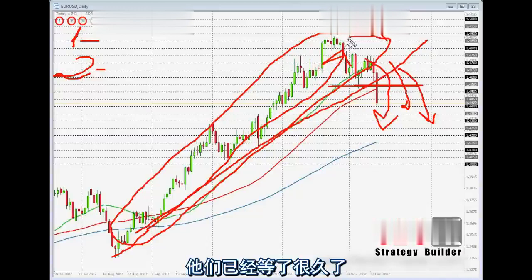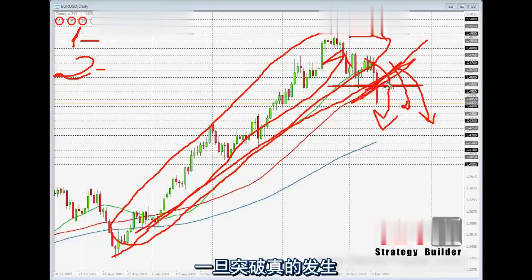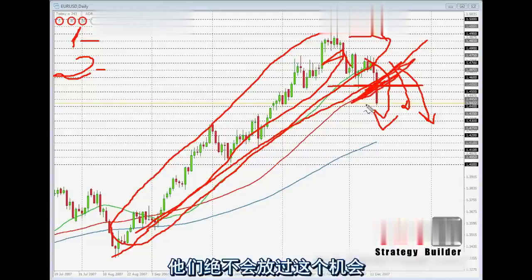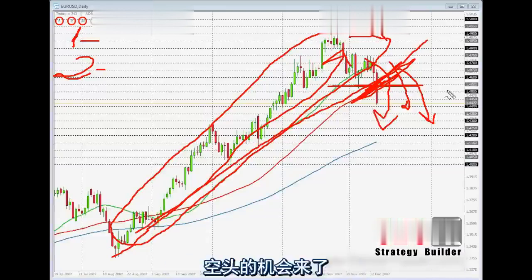They've been waiting a long time for this trend to finish, and once the breakout takes place, they say, all right, this is my chance, I am reloading short. I am mortgaging the farm, and I'm betting on a bear market from now on.